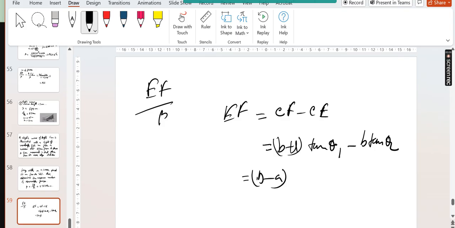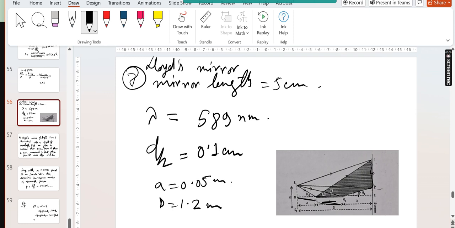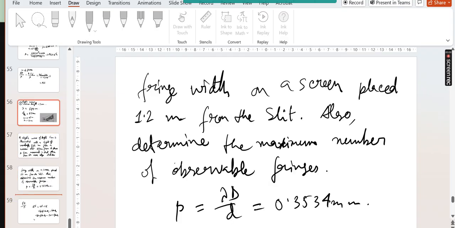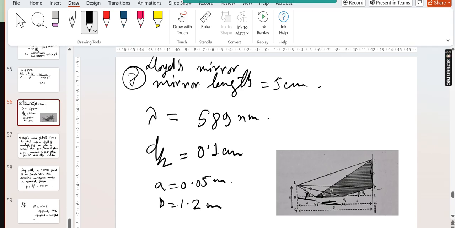So (D minus A) tan theta 1 minus (D minus A minus L) tan theta 2. Theta 1 is basically d by 2 by A, and theta 2 is d by 2 by (A plus L).